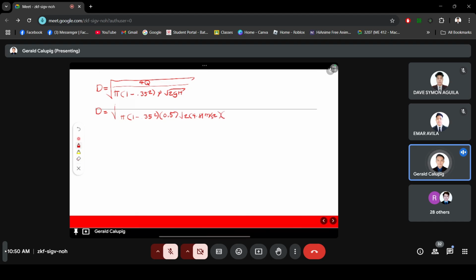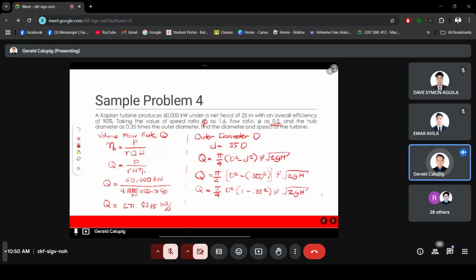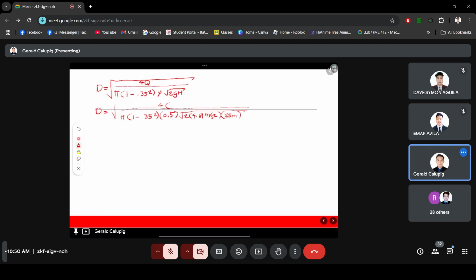What is our h here? 25 meters. Okay. Square root. Then numerator times 4. What is our value ng q? Our q is 271.8315 meter cube per second.